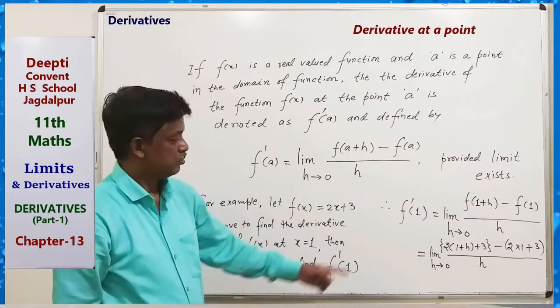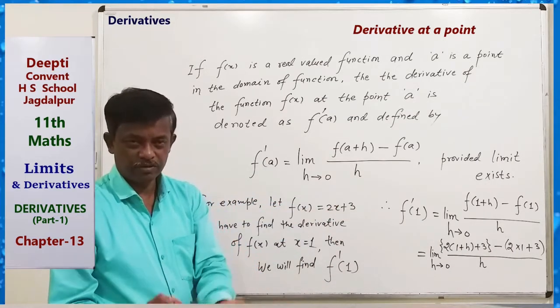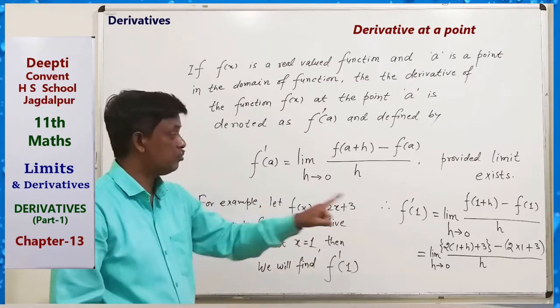Now we'll try to find the limit. If the limit exists and we get a value, that will be the derivative at the point 1.